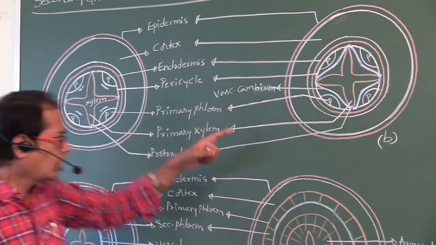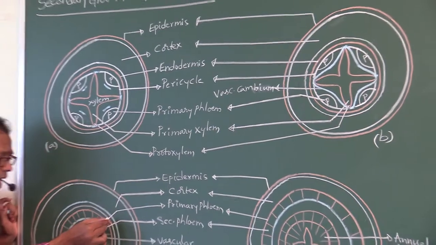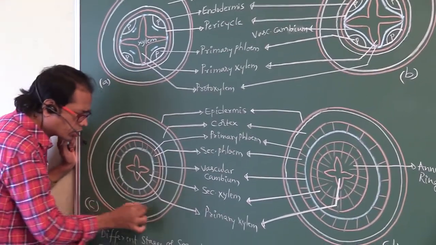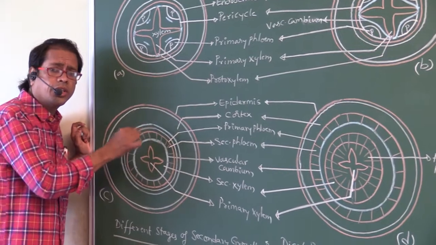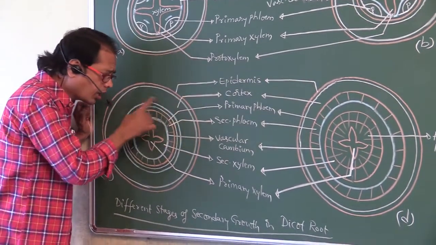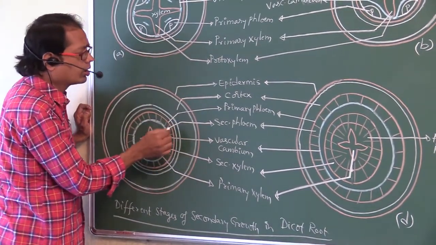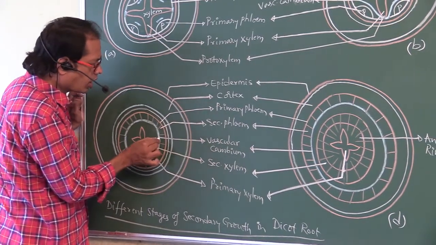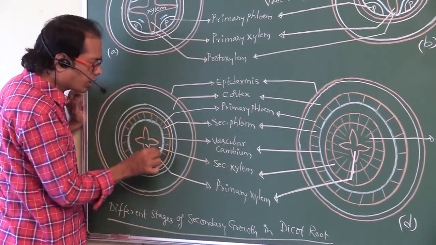Now this vascular cambium, initially wavy, later becomes circular.